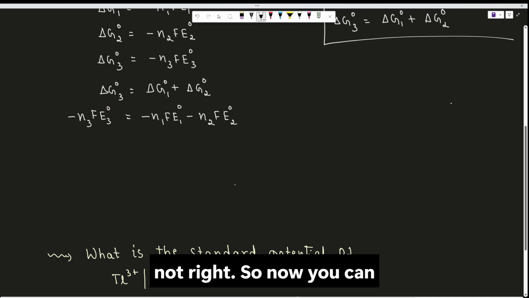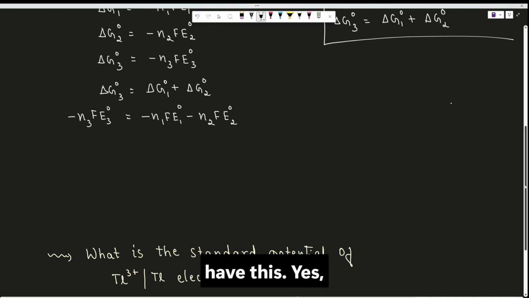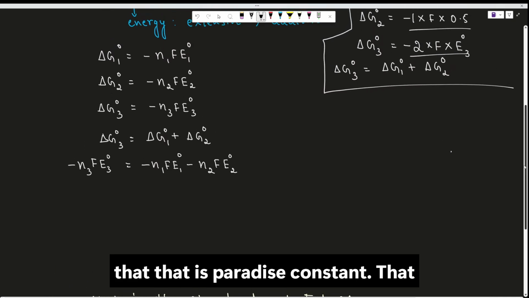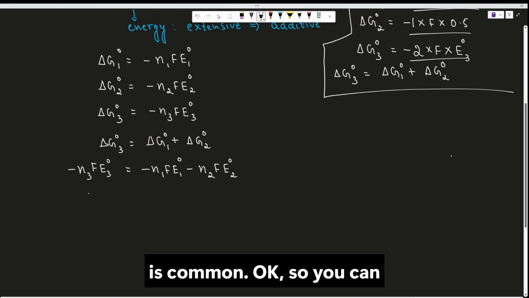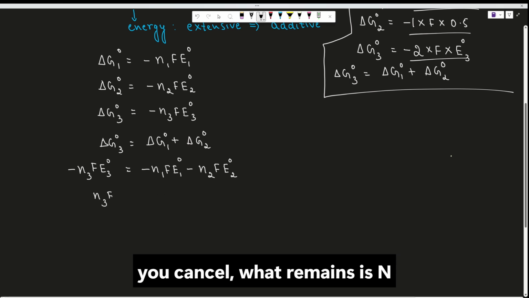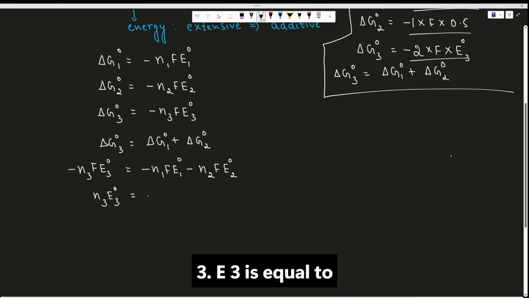So now you can see that the minus sign and this F, that is Faraday's constant, are common. So you can cancel them. Minus sign is common, Faraday's constant is also common. When you cancel, what remains is n3 E3 naught is equal to n1 E1 naught plus n2 E2 naught.